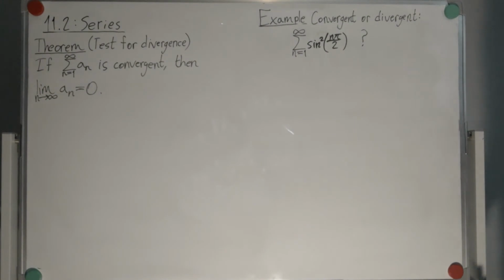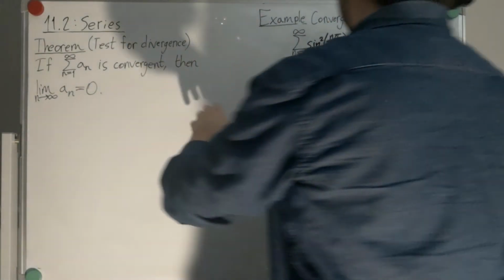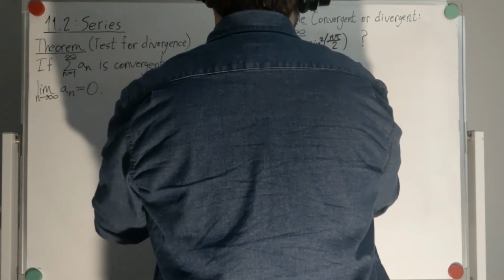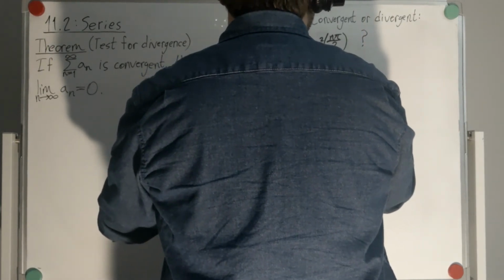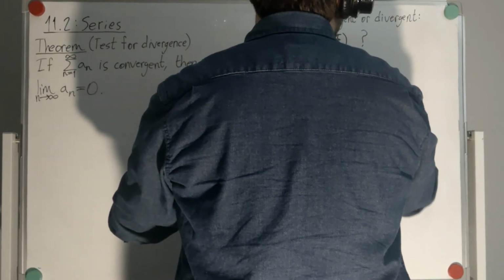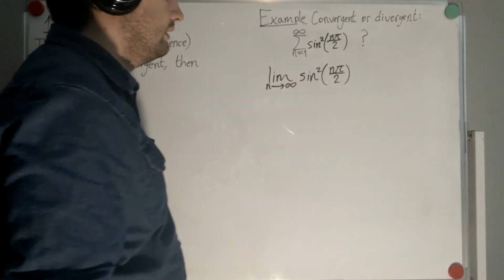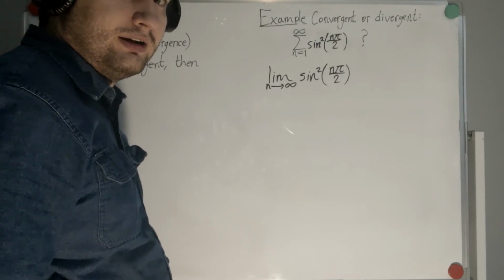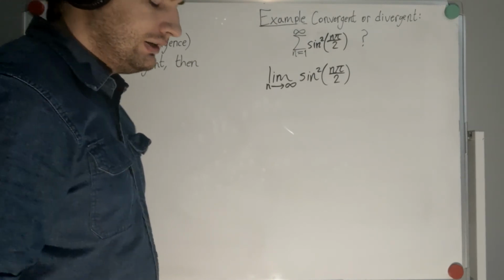All right, well, let's see here. The limit as n approaches infinity of the sine squared of n pi over 2. Let's see.